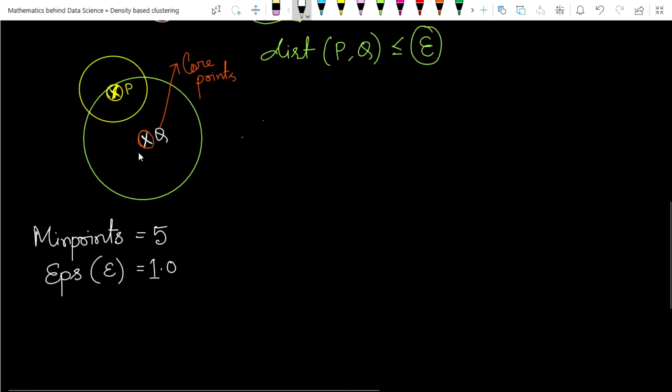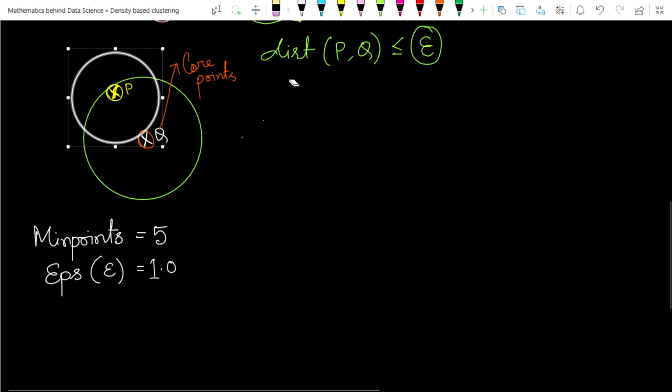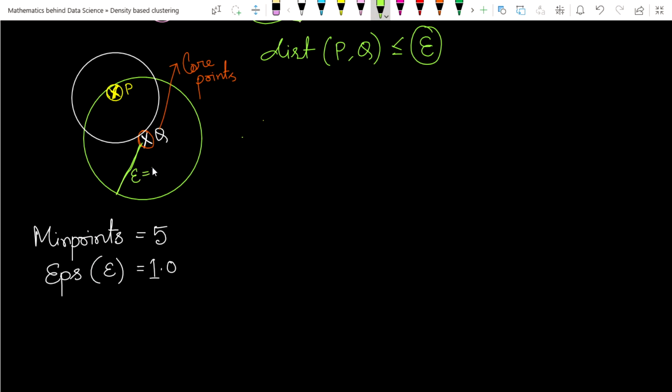So epsilon here we have taken 1. Let this be the epsilon distance, and this is also epsilon distance 1.